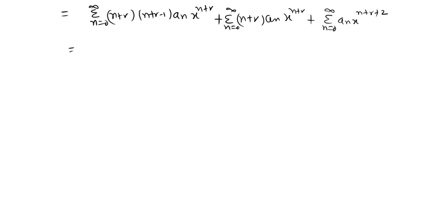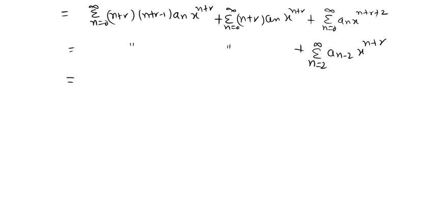So we need to make a shift in the last sum only. So start this sum from 2 to infinity, so that we can get x power n plus r. So replace n with n minus 2.